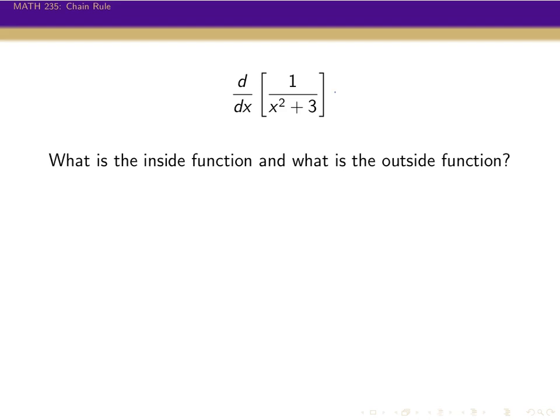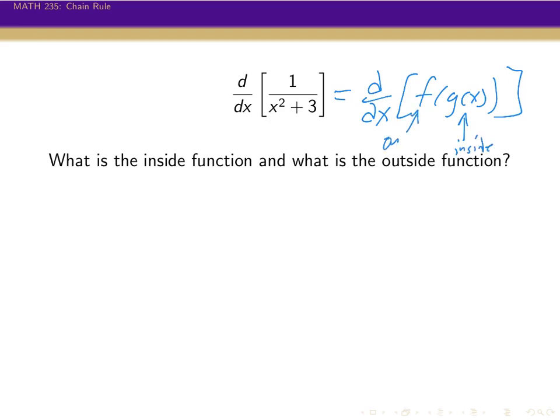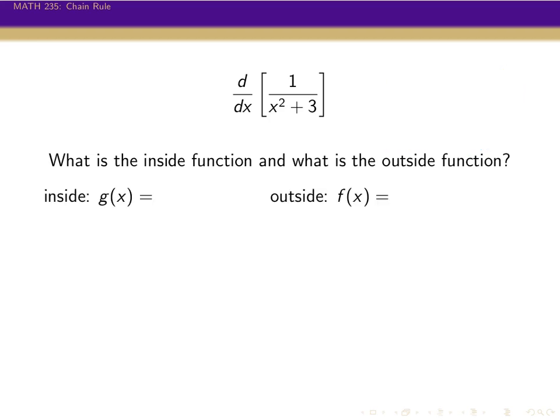So I want to think about this as being the derivative of f of g of x, where g of x is playing the role of our inside function, and f of x is playing the role of our outside function. Okay. So what's the inside function here? And what's the outside function? Well, we have 1 over x squared plus 3.